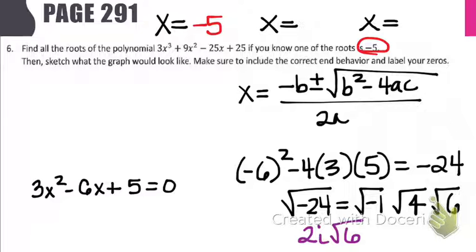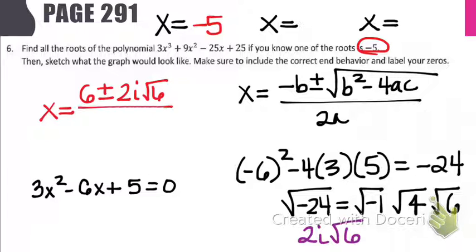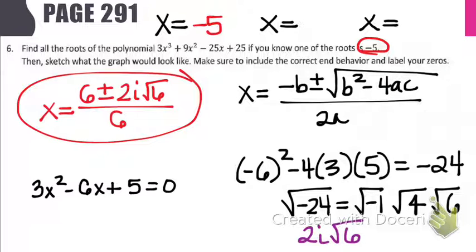It's actually a little bit easier. So your final answer is x equals the opposite of b, which is +6, plus or minus 2i root 6, all over 2 times a, which is 2 times 3, and that would be 6. So these are your answers. This is one answer, and this is two answers.